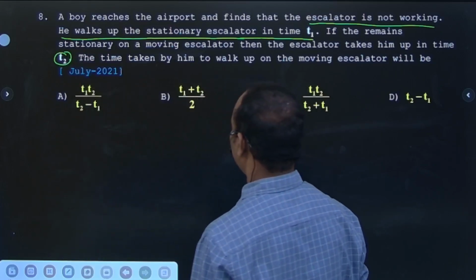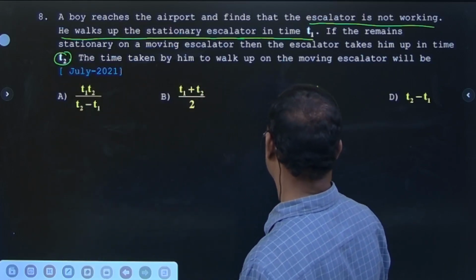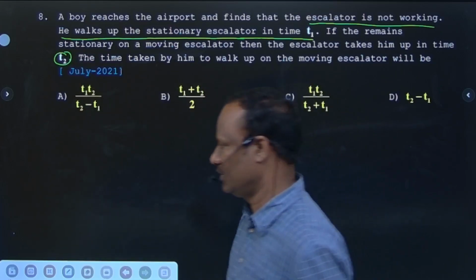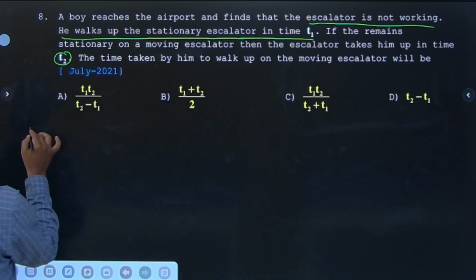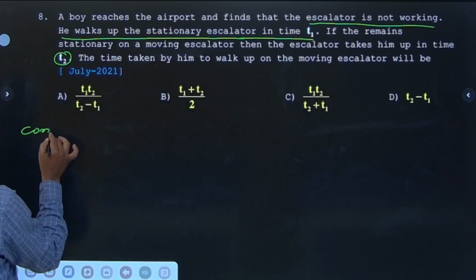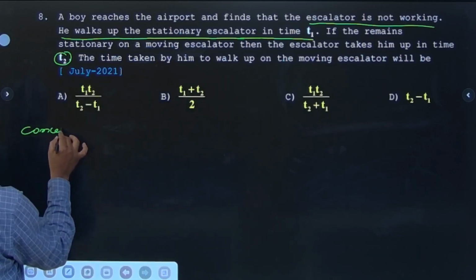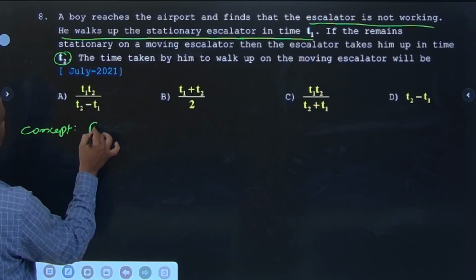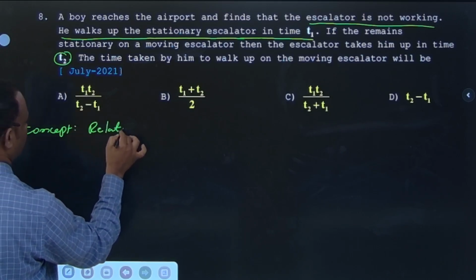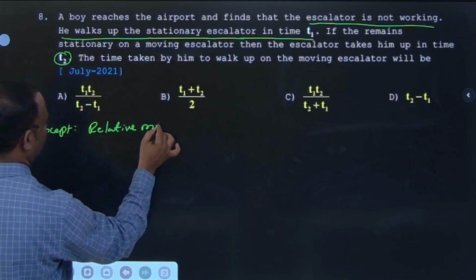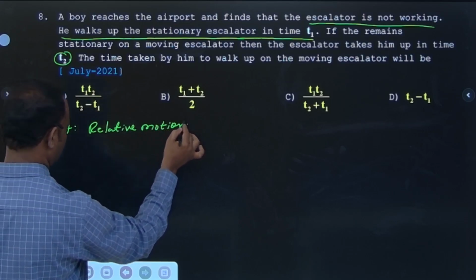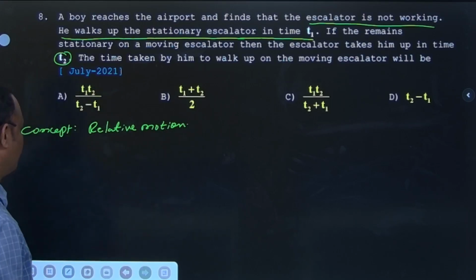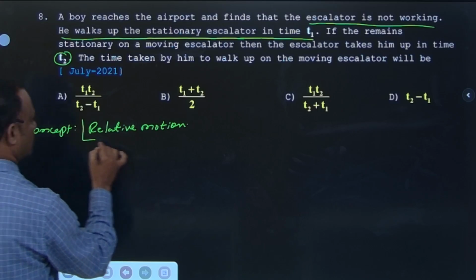Find the time taken by him to walk up on the moving escalator. First, what is the concept of this? The concept is relative motion.